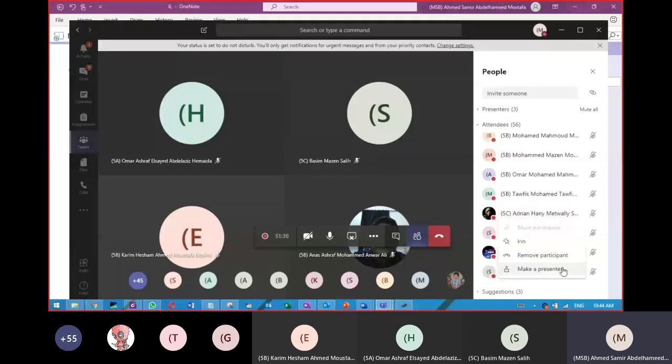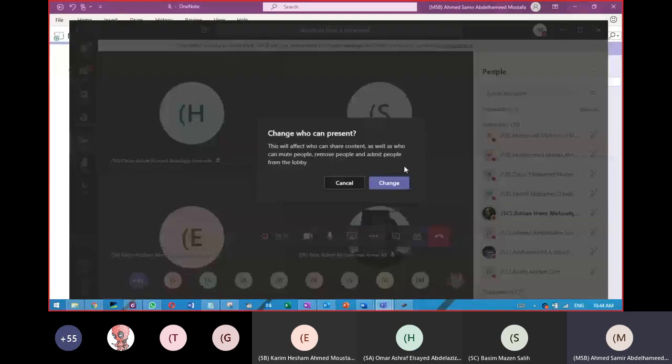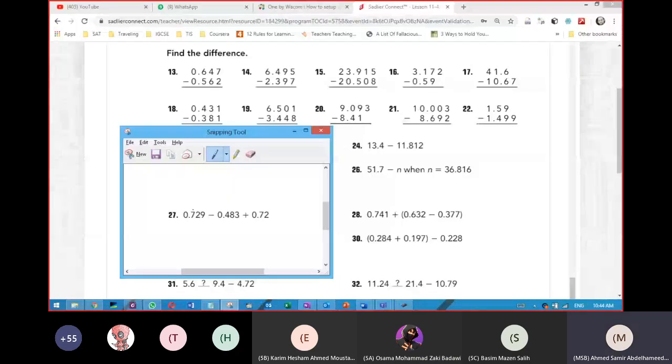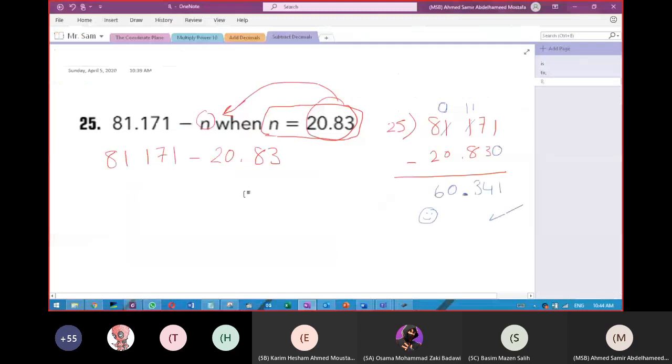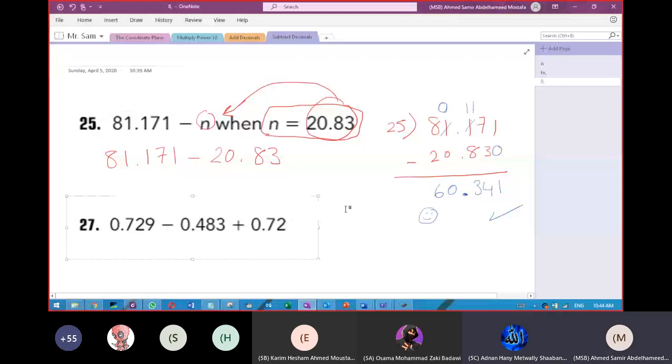We're doing number 27. We need to simplify this expression.